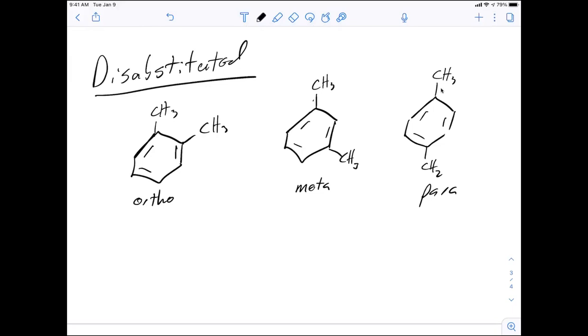Turns out that this 2-methyl group can also be known as xylene. So this can be known as ortho-xylene, or o-xylene. I can also call it 1,2-dimethylbenzene. All 3 of those are acceptable names.